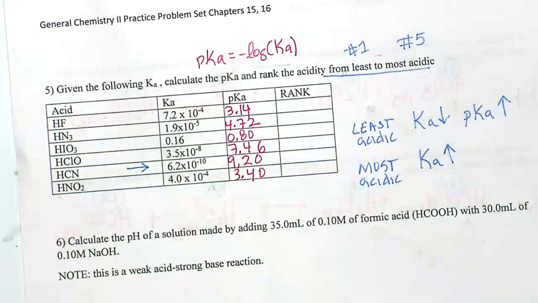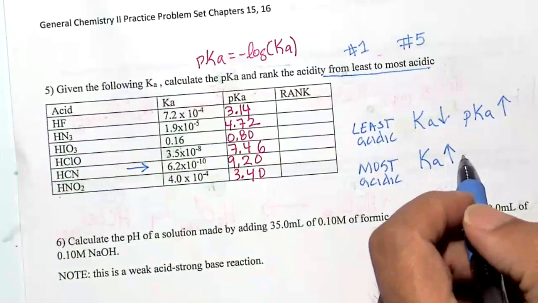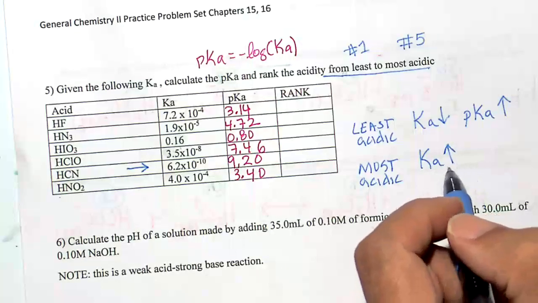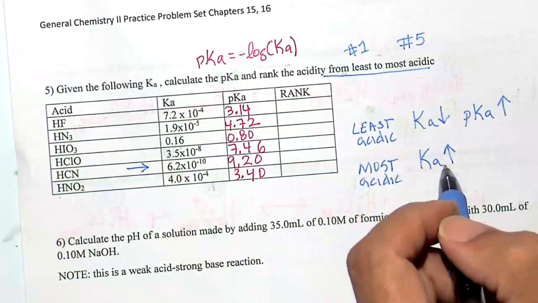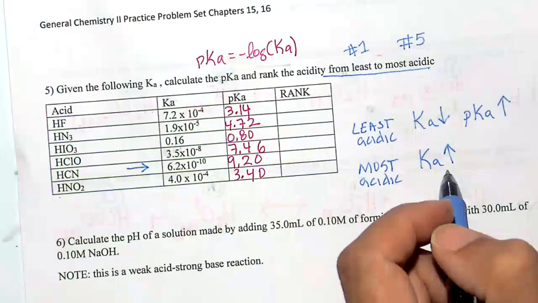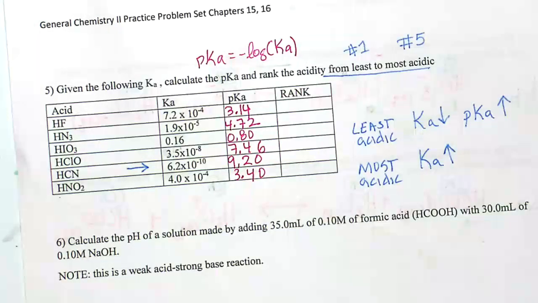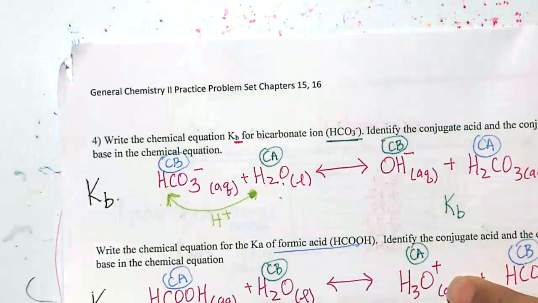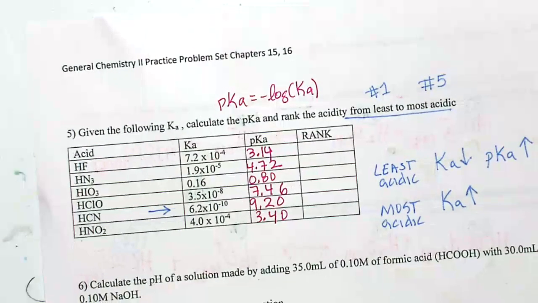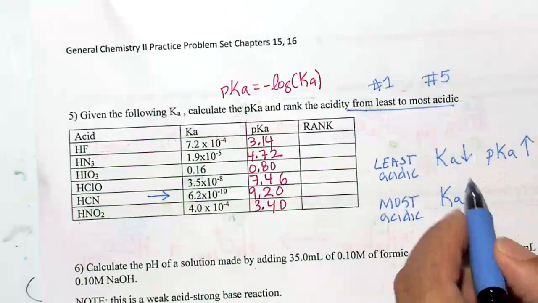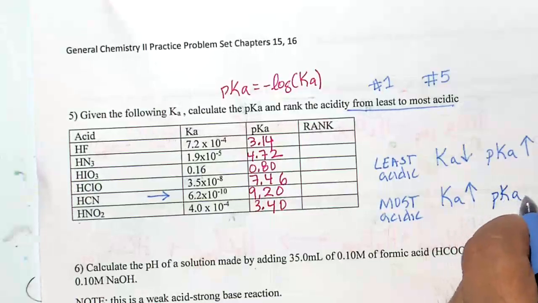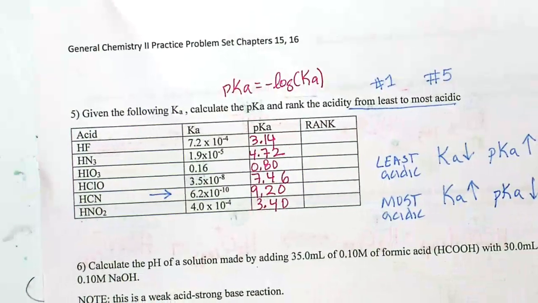So imagine the Ka is 1,000,000. That's really moving forward, which means it's really good at giving you a proton. So when you have a large Ka, it just means your pKa is low.